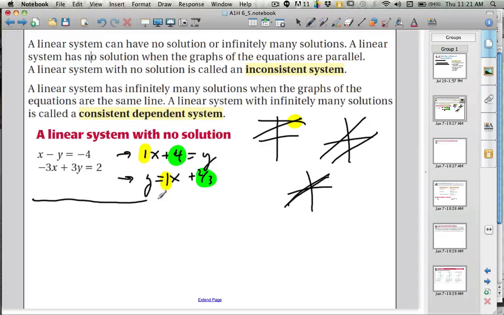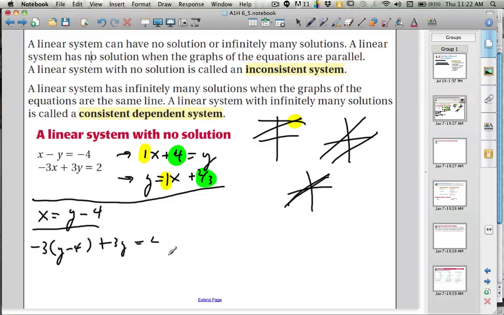If I work on it algebraically using one of our other methods, the variables will drop out, and I will be left with an untrue statement. Let me do this with substitution. If I solve for x, I get x is equal to y minus 4. Plugging that in place of x in the other equation, negative 3 times y minus 4 plus 3y is equal to 2.